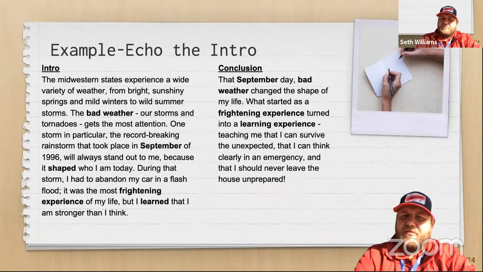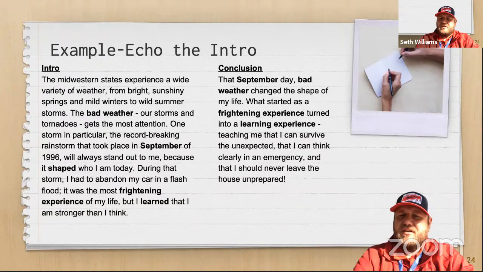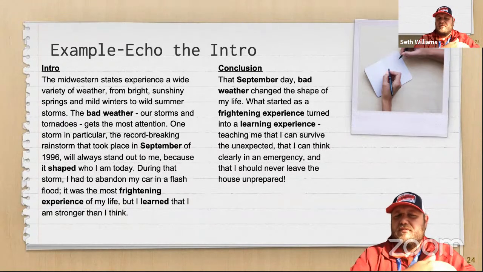That September day, bad weather changed the shape of my life. What started as a frightening experience turned into a learning experience, teaching me that I can survive the unexpected, that I can think clearly in an emergency, and that I should never leave the house unprepared. Again, the main claim was how they learned from their frightening experience, and they talked about the little mini claims that they had made throughout their paper.